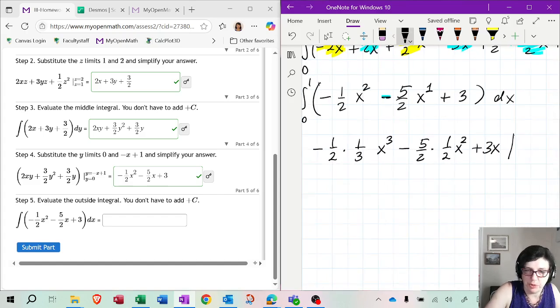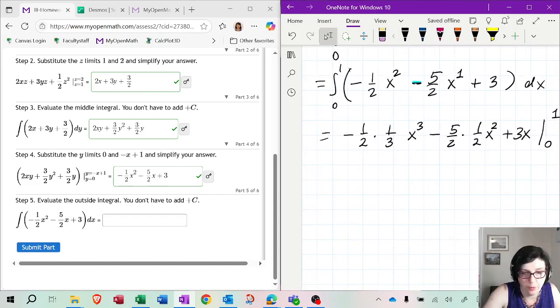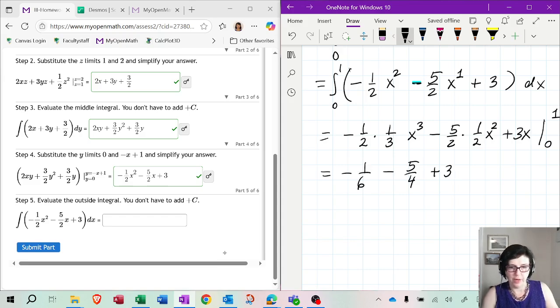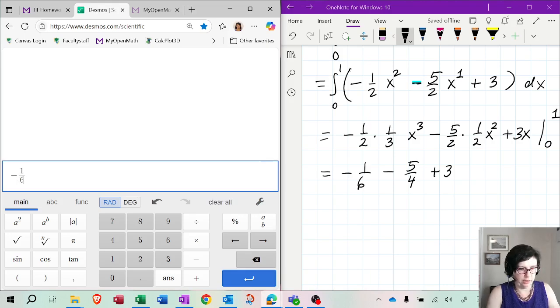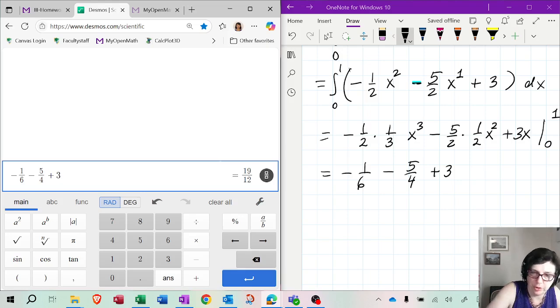And now we substitute 0, 1, and we do not have to say for which variable because there is only one. So that's just negative 1/6 minus 5/4 plus 3. Finally, I can get that from Desmos. Let's see if you can compute that. They usually do not want decimals, so we'll convert it to a fraction.